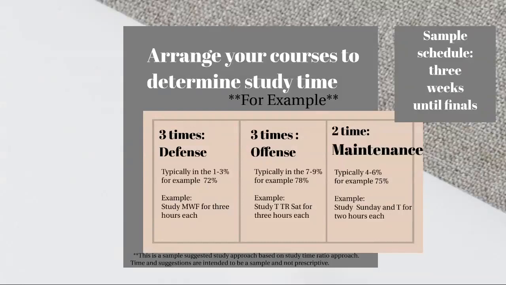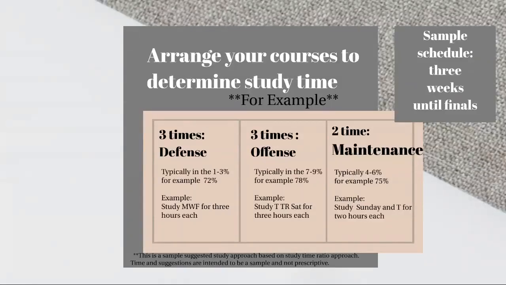This is just an example of how we might approach that situation. But for example, if we're thinking in terms of defending a grade, so a grade that is typically in the 1 to 3% of that grade category, so for our example here, 72%, it's not so likely we can pull that 72% all the way up to an 80.